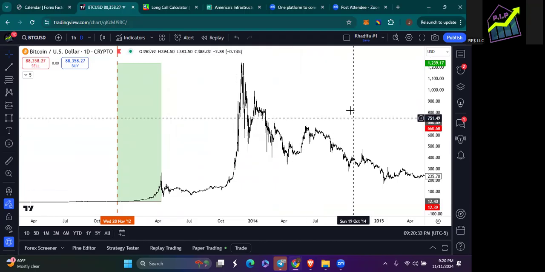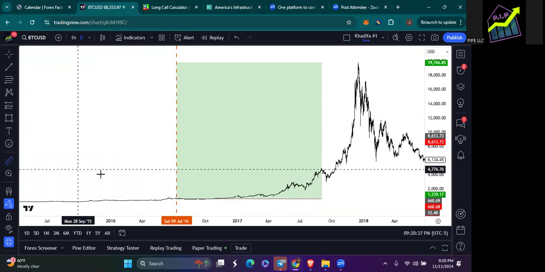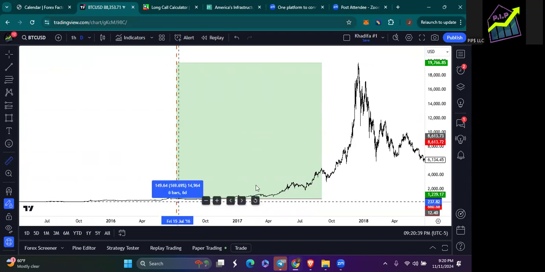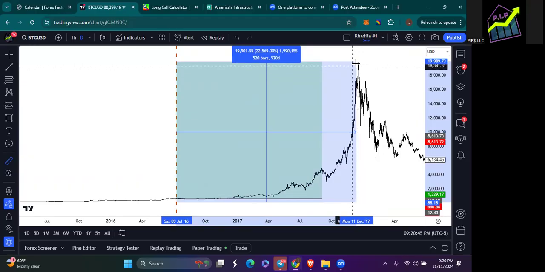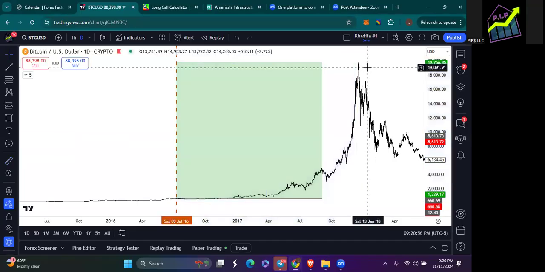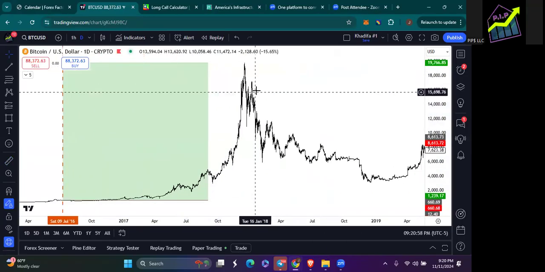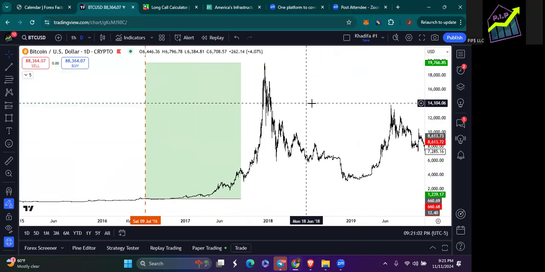Very first halving. Second halving took over a year, about a year and a half. What I say, bull cycles last about 2 years.